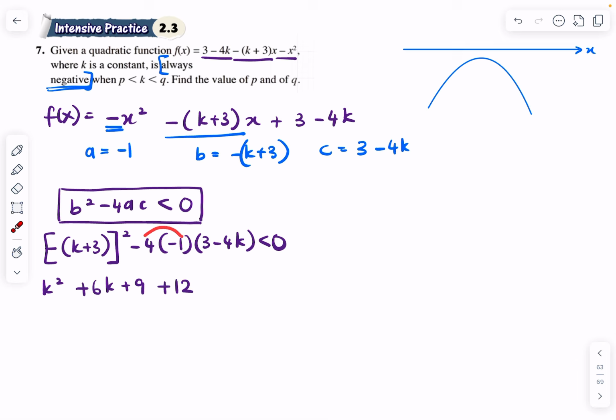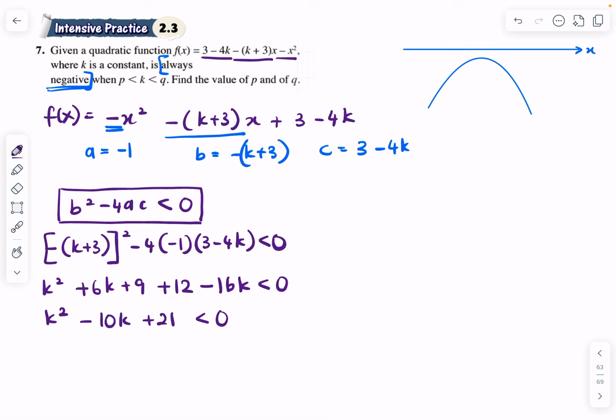This will be 4 times negative 4, negative 16k. Right, then we simplify. So k squared, 6k minus 16k is negative 10k. 9 plus 12 will be 21.